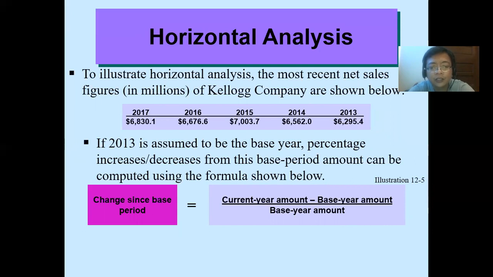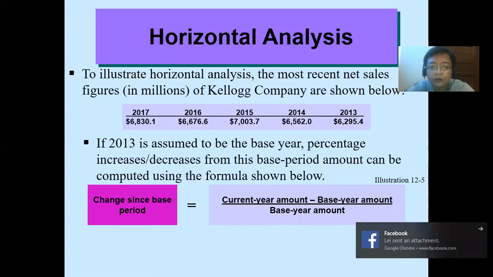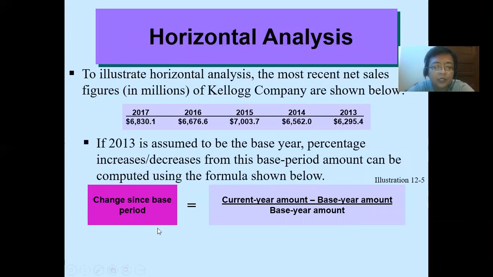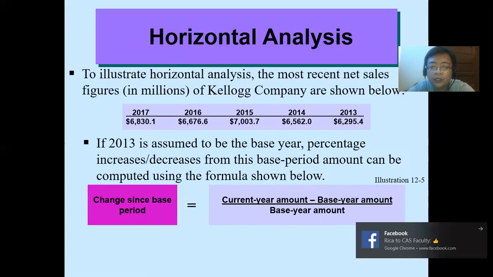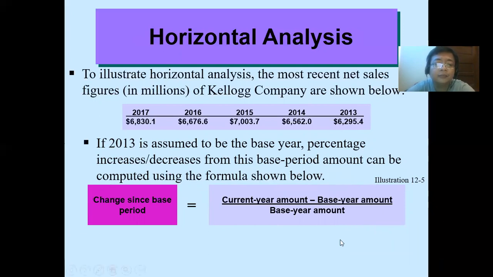So you just subtract 6,295 from 6,830.1, divided by the base year, 2013. Again, the formula is: change since base year equals current year amount minus base year amount, divided by the base year amount.